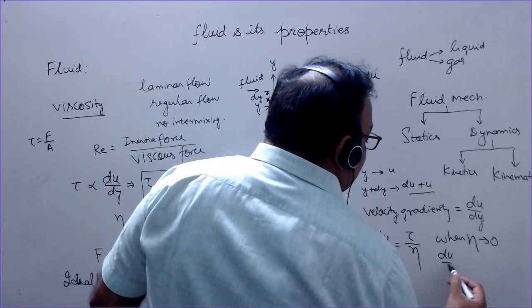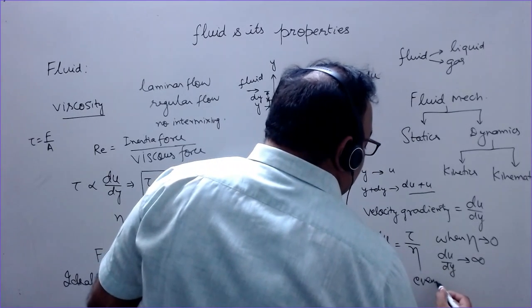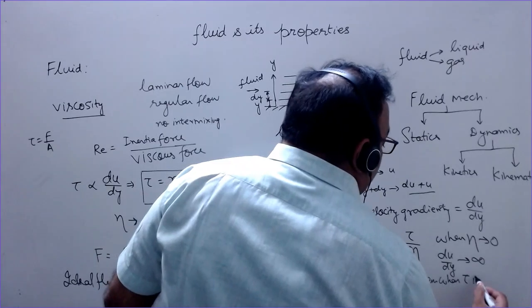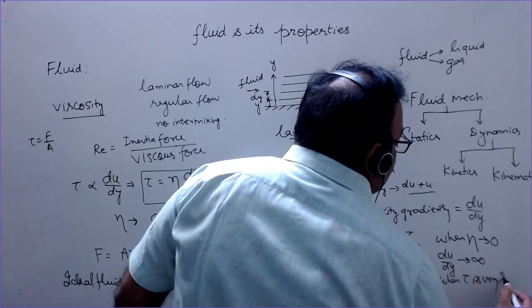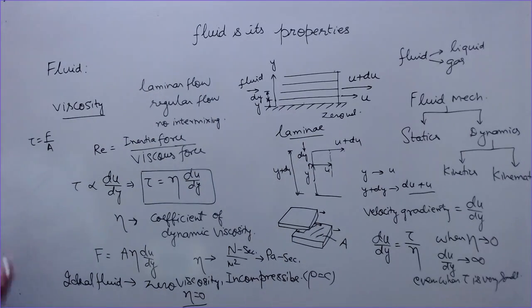In that case, du by dy is tending towards infinity, even when tau is very small. So even in the absence of any shear stress, the velocity gradient or shear strain rate or shear deformation is very large. So this is how we define a fluid.